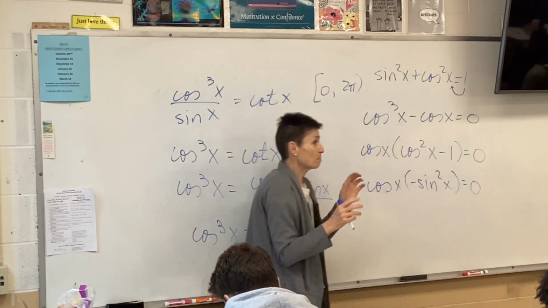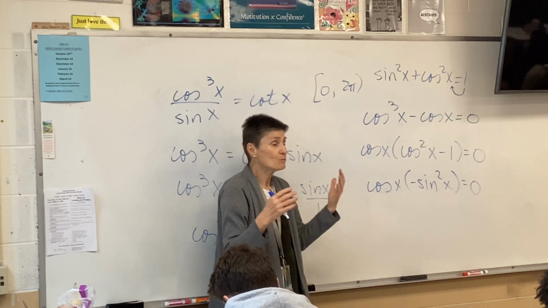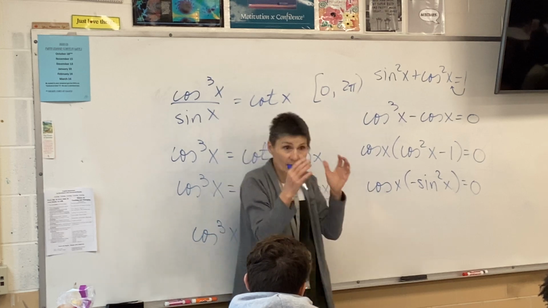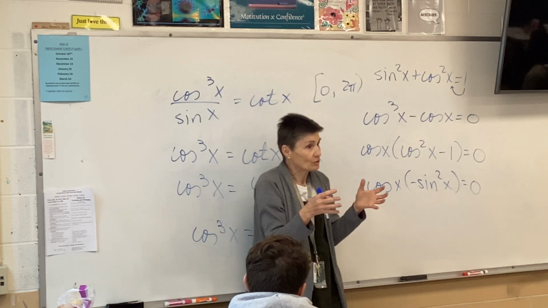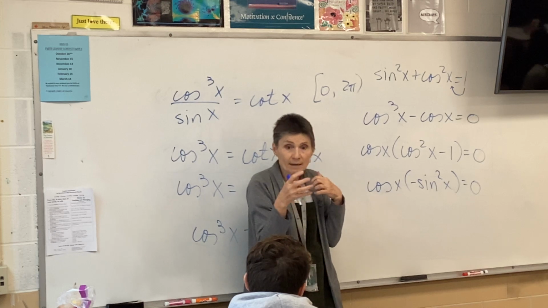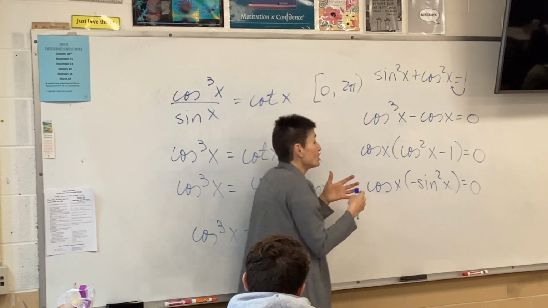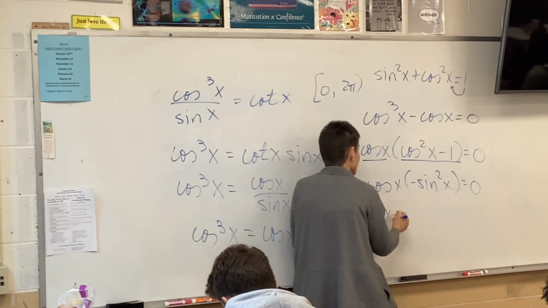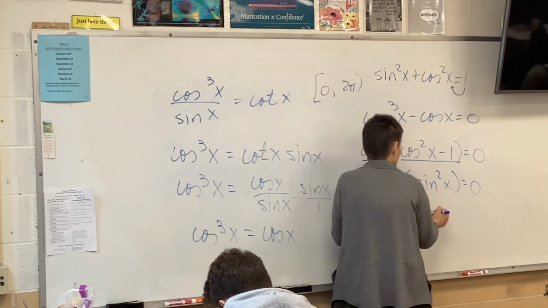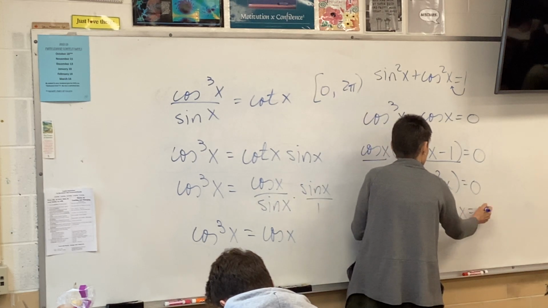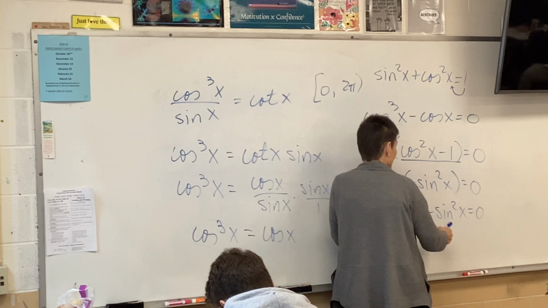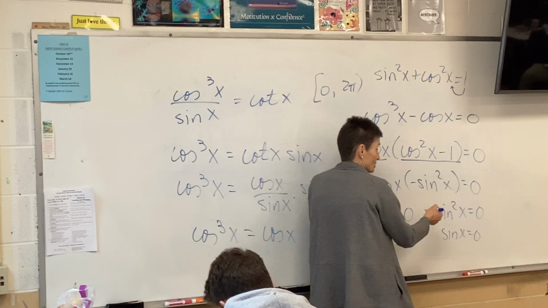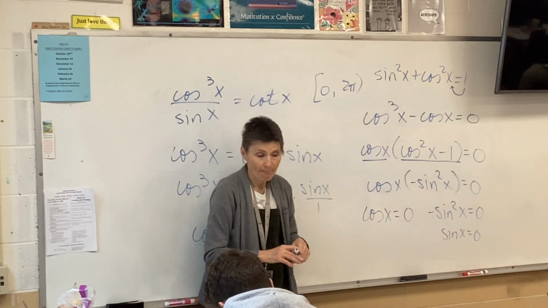But at this point, you just got to think about what you do in normal 9th grade math after you factor. You set them equal to 0. So I could have done that here. I'm going to do it here. So cosine is 0, and negative sine squared is 0, which basically means sine is 0. Would you agree with that? Square rooting, it's going to be sine is 0.